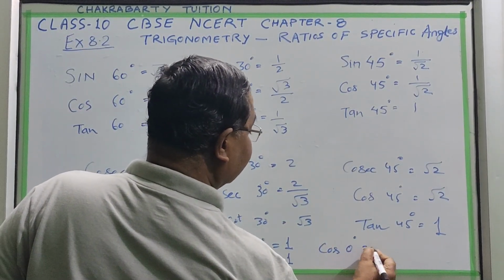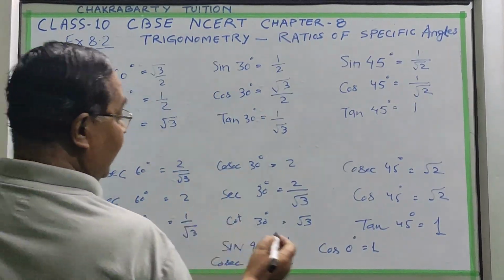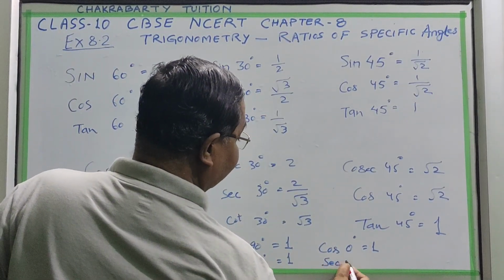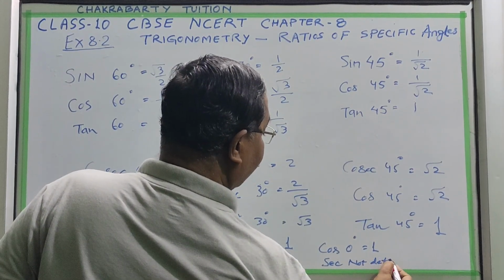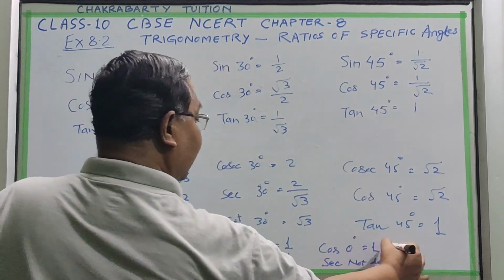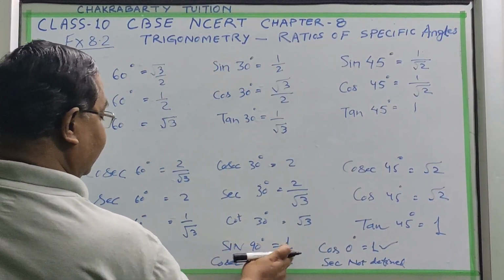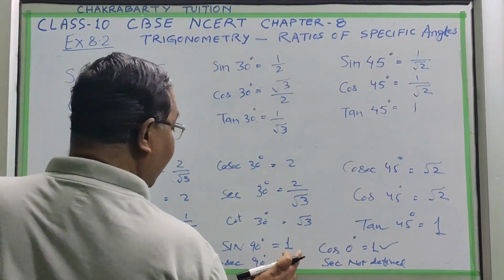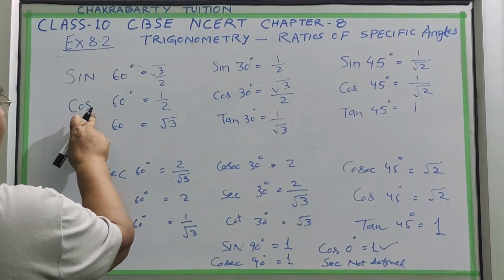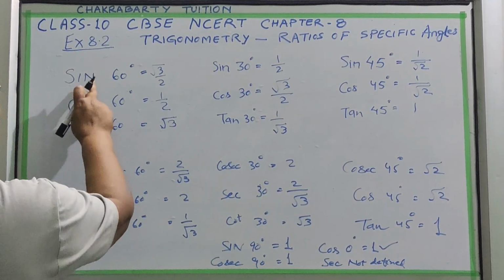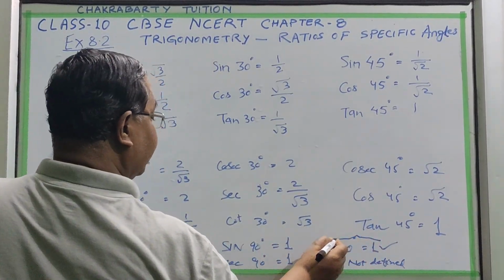Cos 0 degree is equal to 1, and the opposite of cos is sec, but that is not defined. So what you have to learn is cos 0 degree equal to 1, sin 90 degree equal to 1, cosec 90 degree equal to 1. This you have to keep in your mind.